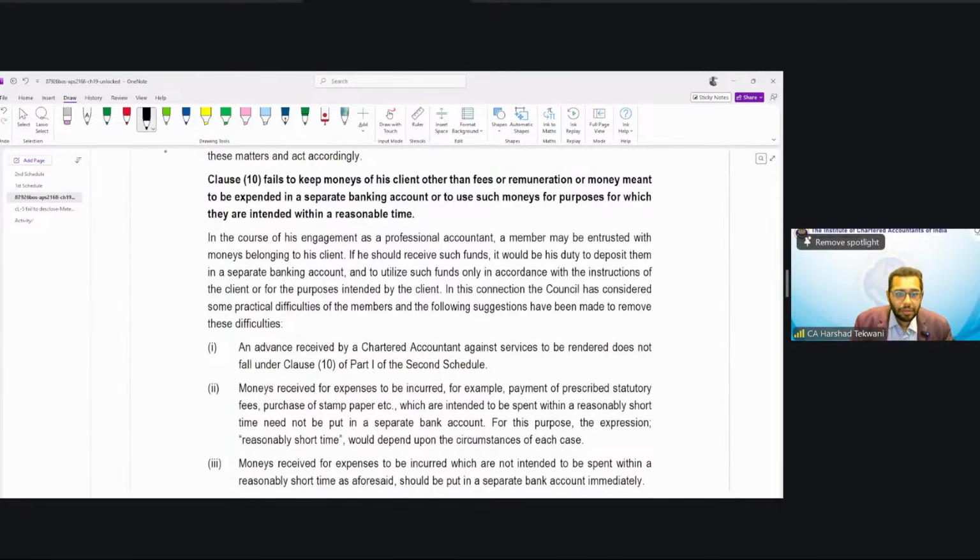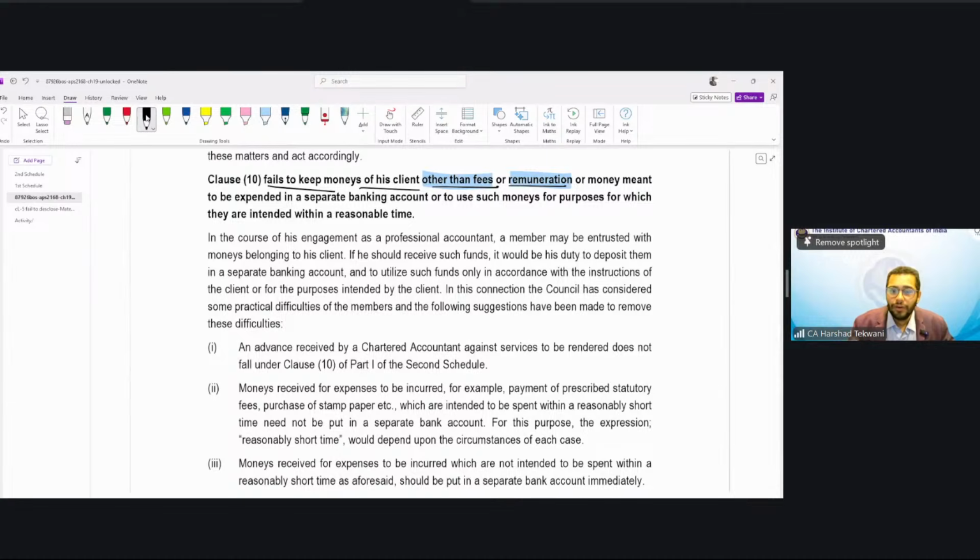So clause 10 talks about when a chartered accountant in practice fails to keep the money of his client, other than the fees or remuneration, that means these are the exceptions, that is fine. Or if you fail to use the money for the purpose for which it was received.